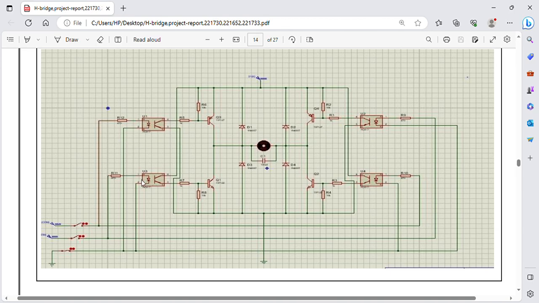We used the PC817 optocoupler. So now we are going to discuss how our circuit works.